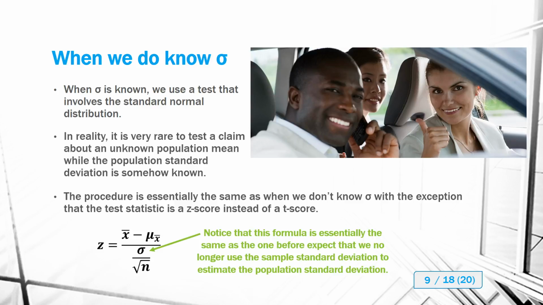Here, we're actually using the population standard deviation because we know what it is. Previously, when we were calculating the t-score, we were doing that because we didn't know what the population standard deviation was, and so we were using the sample standard deviation to estimate it. Here there's no need to estimate. We know what it is, and so we're going to use it to calculate our test statistic.